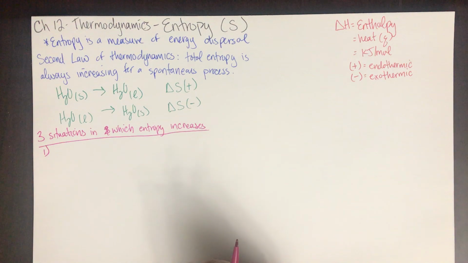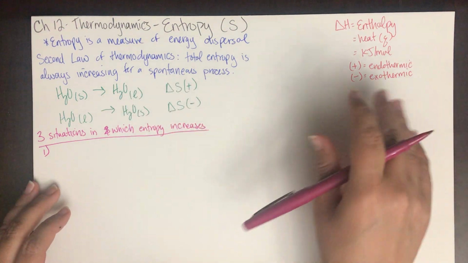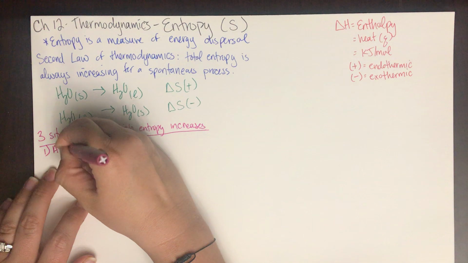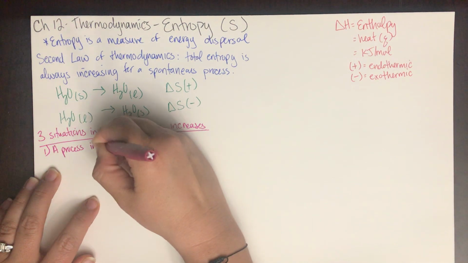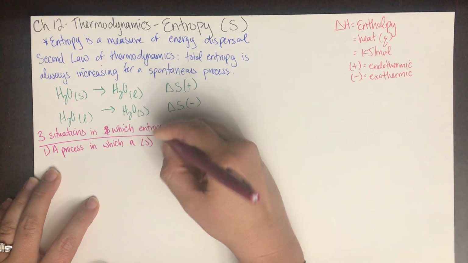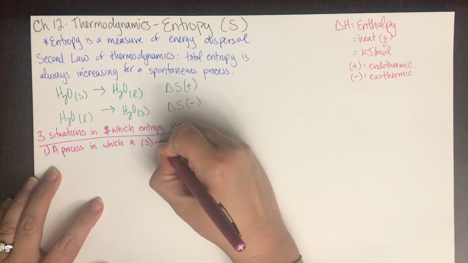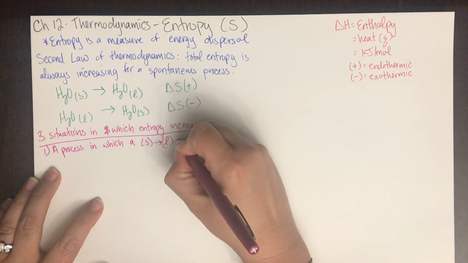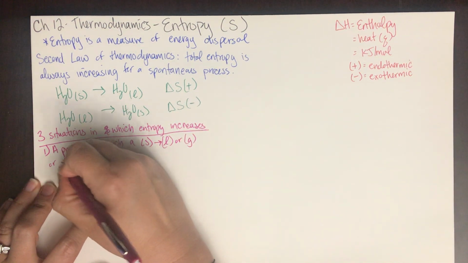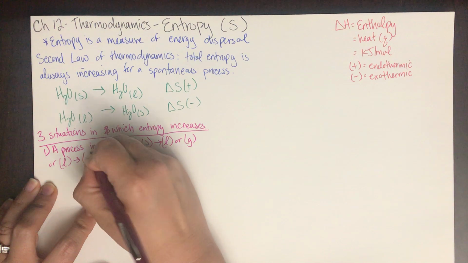So one situation where entropy increases would be what we just said, a process in which a solid changes to a liquid or a gas, or a liquid changes to a gas.